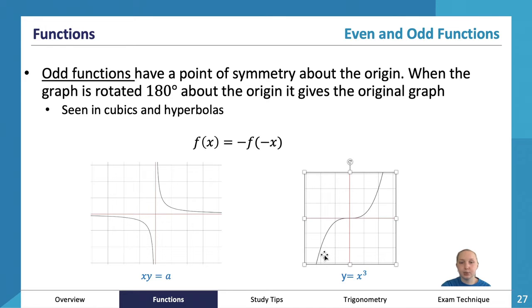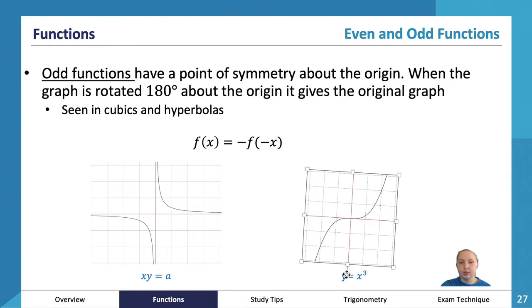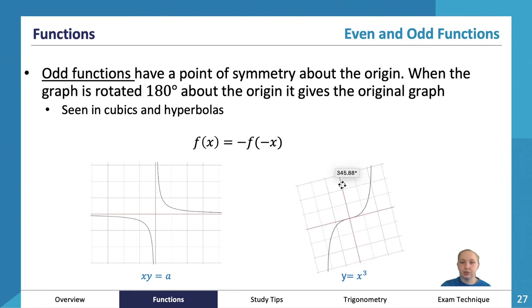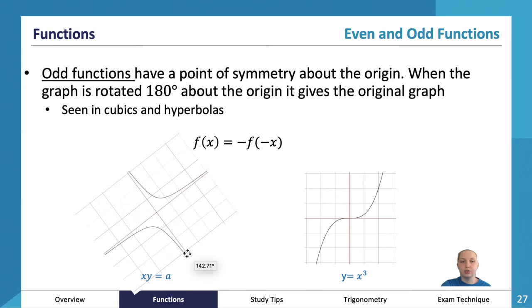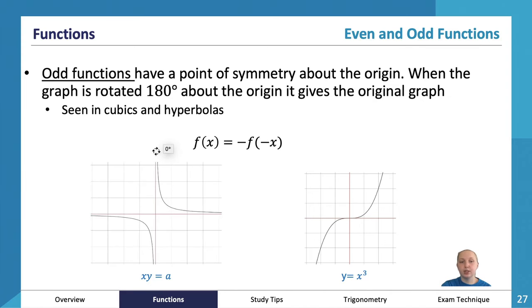And so essentially what that means is if we rotate this graph 180 degrees around, if I line it up properly, we're going to have the exact same graph. Okay, let's rotate it 180 degrees, exact same graph. Okay, so essentially that's what we mean when we're looking at odd functions.